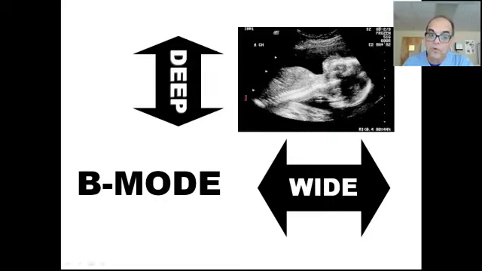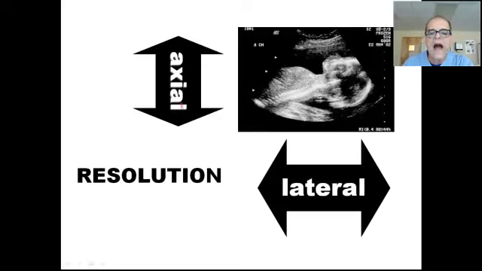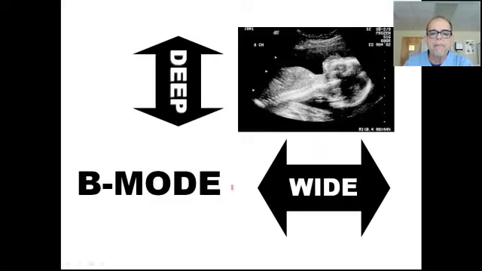Brightness mode has two different dimensions, the deep and the wide, that are similar to the axial resolution and the lateral resolution that we studied in the previous class. Axial resolution depends on the pulse length and lateral resolution depends on the beam. Deep and wide is the same as axial resolution and lateral resolution.